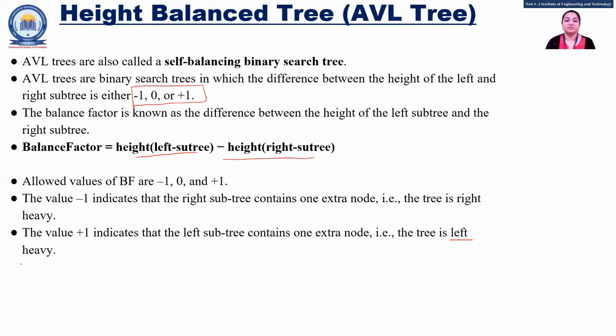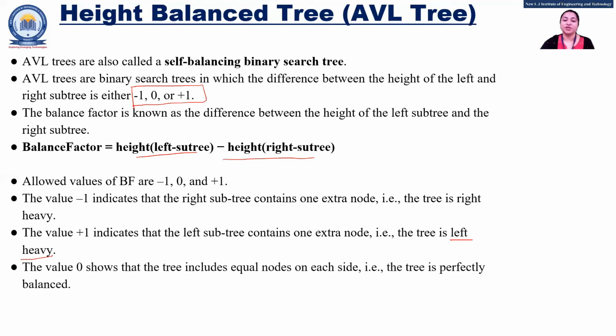Left heavy tree. Means a left subtree will have an extra node. And value 0 shows that the tree includes equal nodes on each side. Means in left and right subtree, the tree is perfectly balanced because it has equal amount of nodes in both halves. Okay, so this is the AVL tree, and we will see the different rotations in AVL trees.